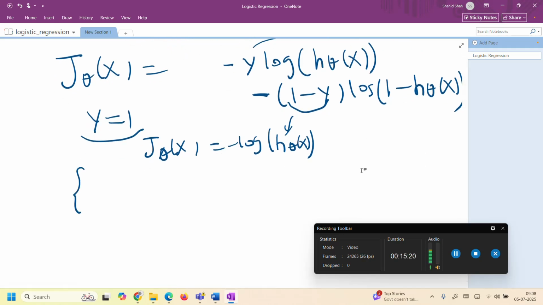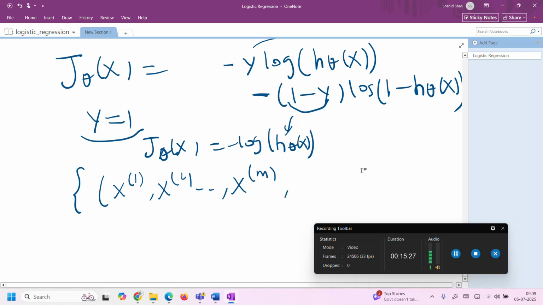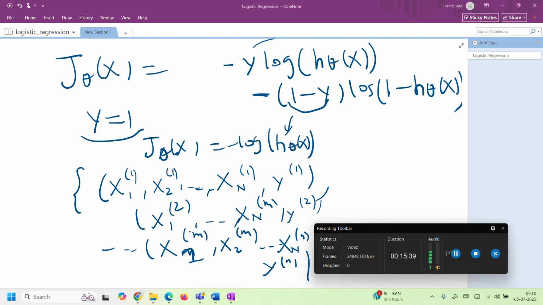So we recall that we have a data set like this. Like in linear regression, we have x1, x2, xn. These are the input parameters for the feature space. And the first sample in the data, this is 1, then x2, here also 2, then xm.